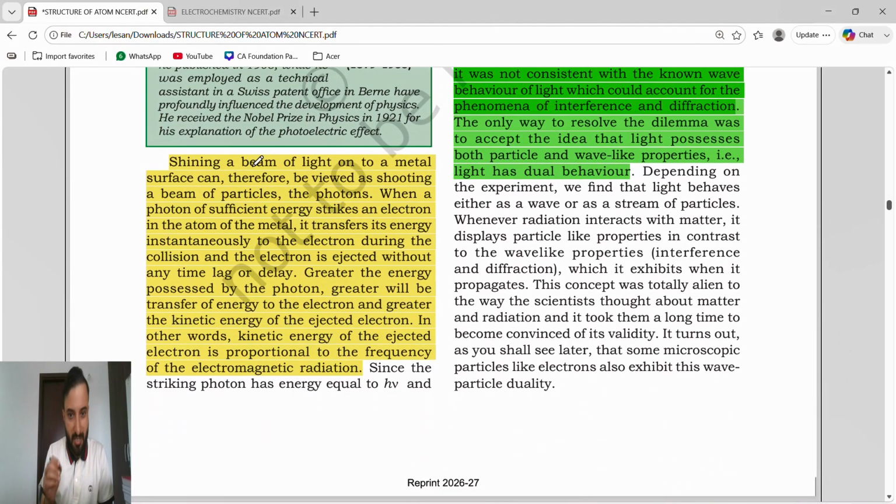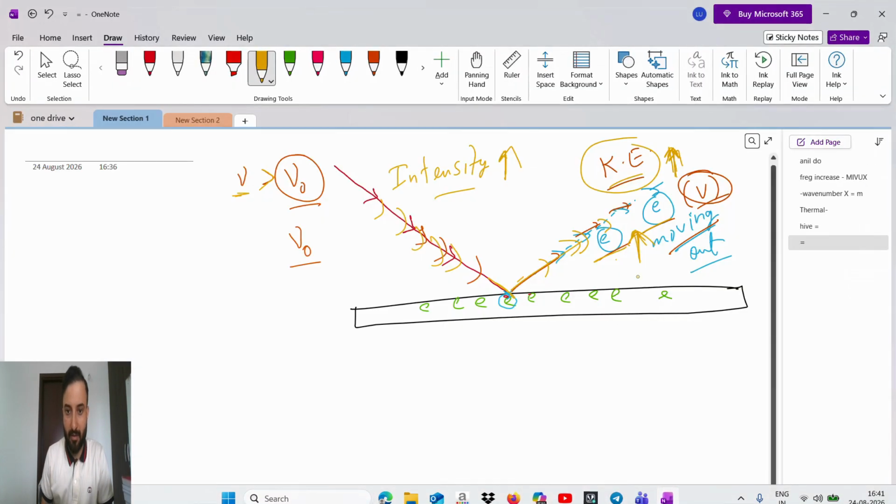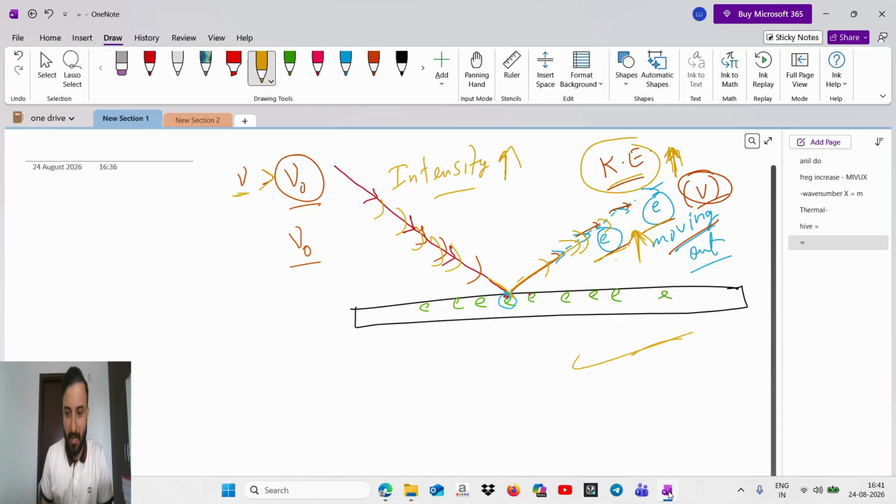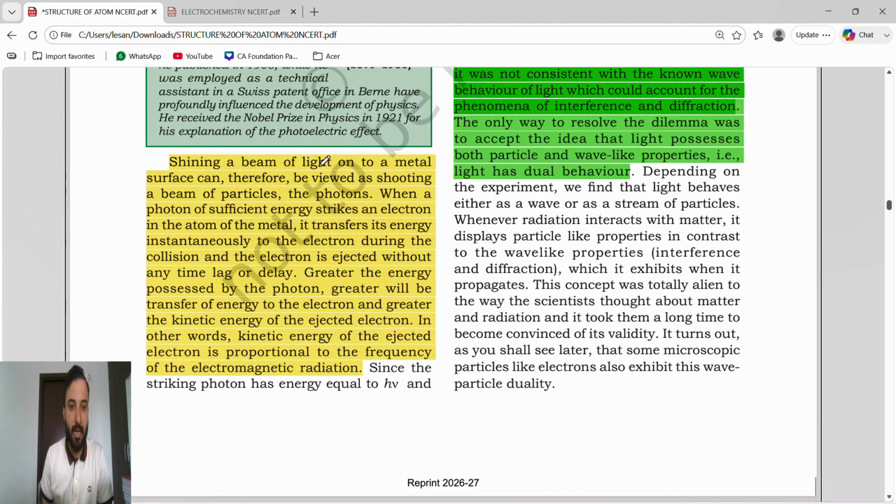Same thing, guys, that concept I just explained is the same thing here. See, shining a beam of light is nothing but the beam of light coming here and hitting the metal surface. So shining a beam of light onto a metal surface can be viewed as shooting a beam of particles.